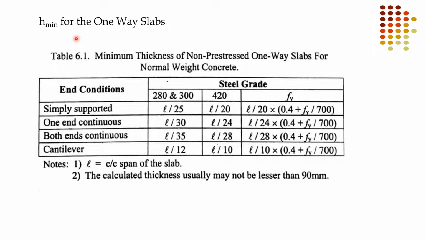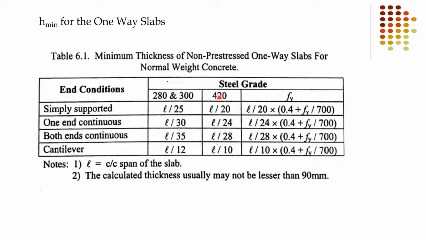h minimum means the minimum depth for one-way slabs. Here is the criteria. If your one-way slab is simply supported, then if your grade of steel is 300 or 280, you will use L by 25, and if your grade of steel is 420, then you will use L by 20.